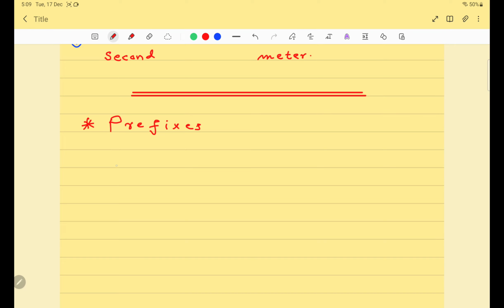If I measure the length of a road that is 4000 meter, then this 4000 can be expressed as 4 exponent 3. Actually, this exponent 3 represents 3 number of zeros.